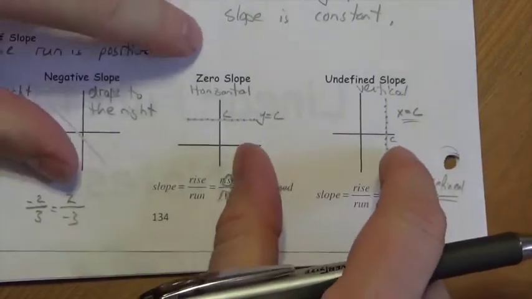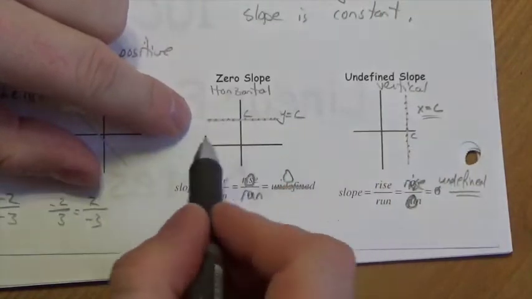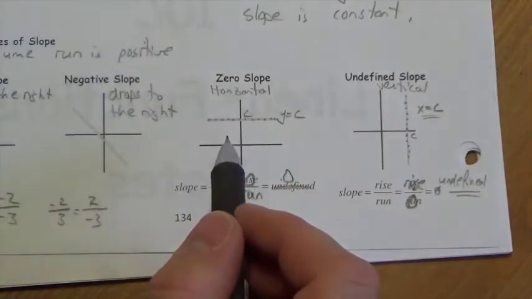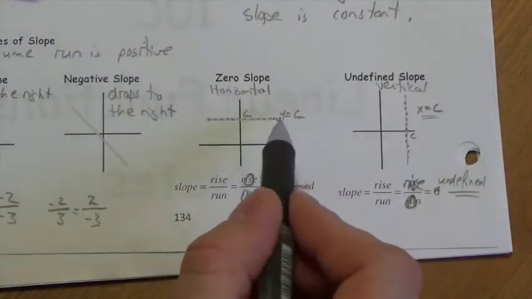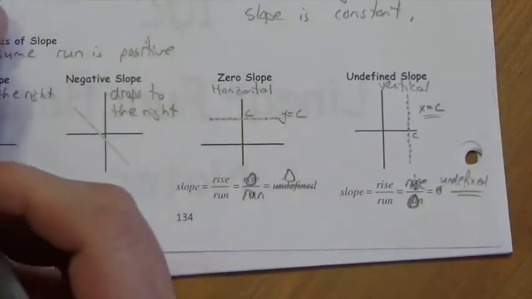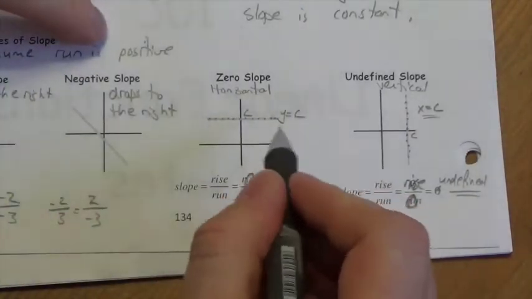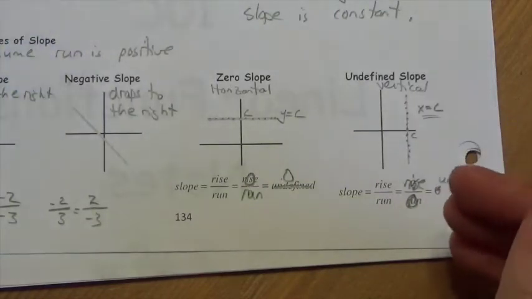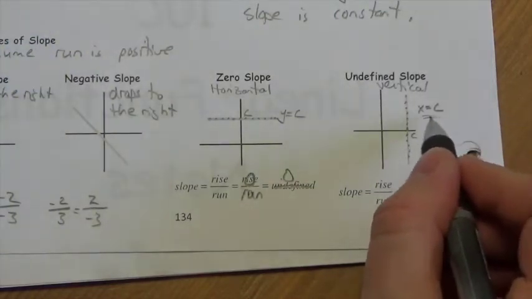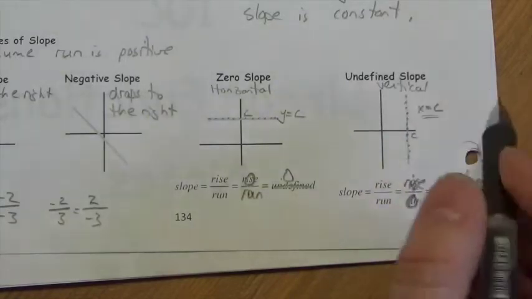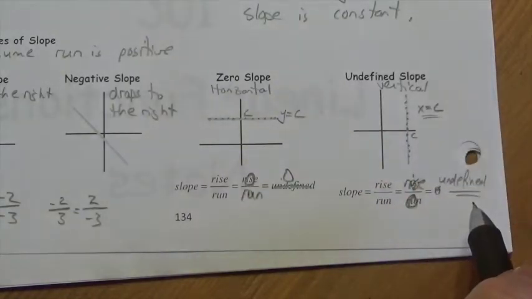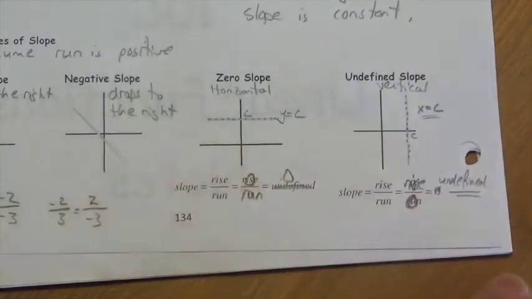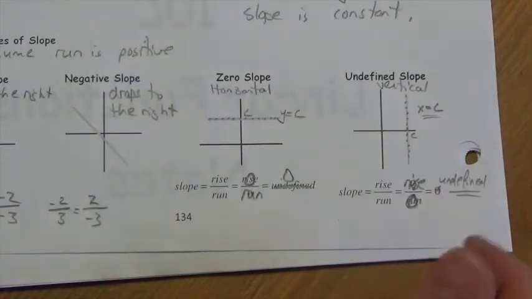Now, I bring that up because this leads to some confusion. When I say horizontal line, most people associate horizontal with x. However, I use the y to give me the equation. Just like over here, when I talk about a vertical line, most people associate vertical with y, but in this case, to get the equation, I'm going to state what stays the same, and that means talking about x. Just some little things here that you need to pay attention to.